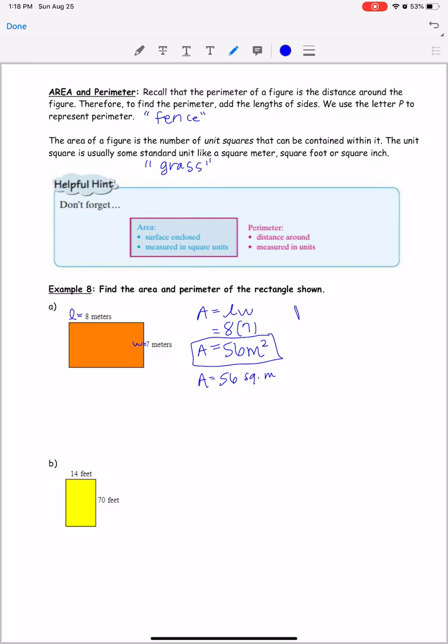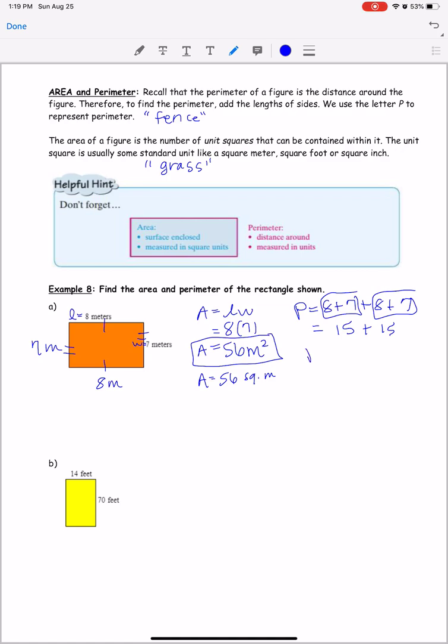Now when I find perimeter, you're just adding up the outside lengths. You've got 8 and 7, and then this is another 8 meters over here, plus another 7 meters over here. So 8 plus 7 is 15. 8 plus 7 is 15.